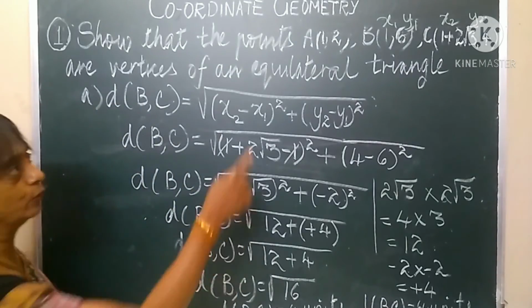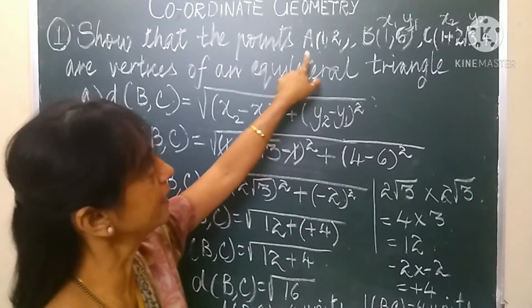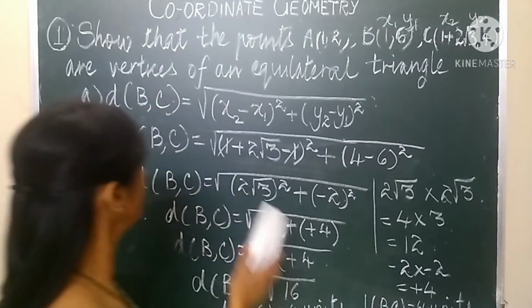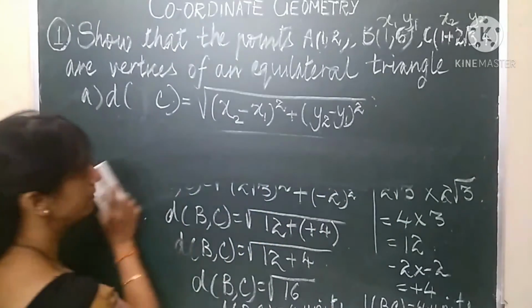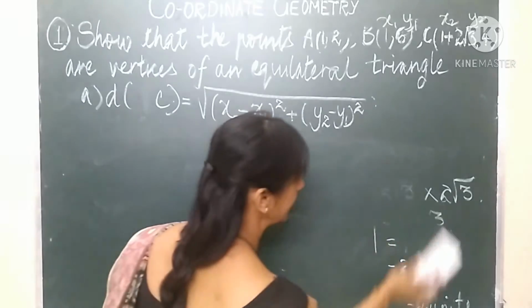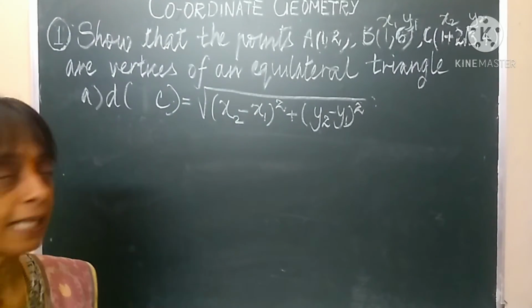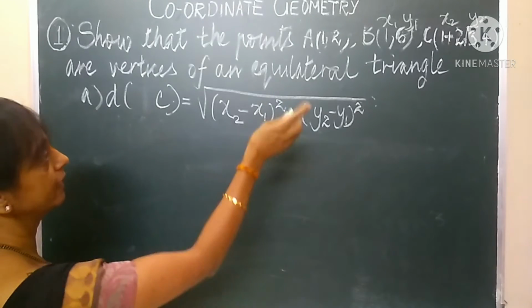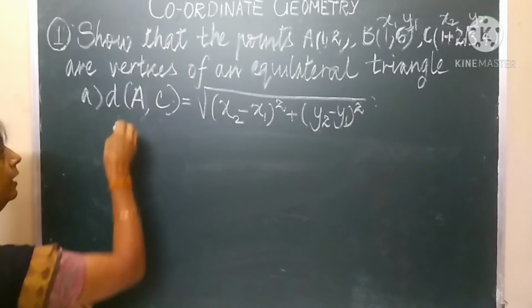Now what is left? Only the third pair to calculate the distance, that is considering the points AC. So we will have to find distance AC again by using the same formula. So let's continue and then let's check if they can be called the vertices of an equilateral triangle. Now we are calculating distance AC.